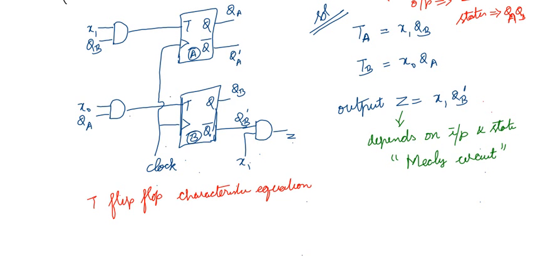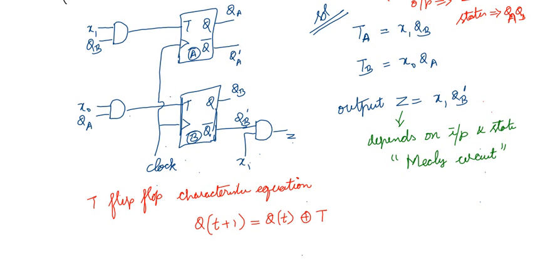What is a characteristic equation? It relates the next state with the present state and the input. So it is the present state, Qt, XOR with the input T.